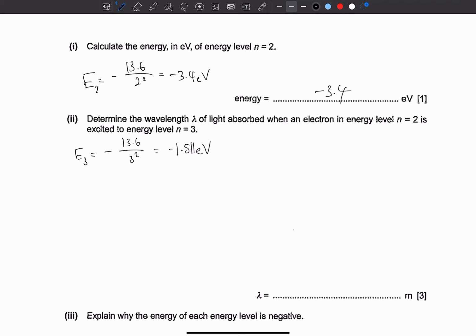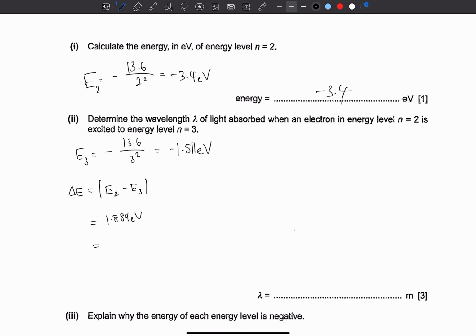So the difference in energy level is equals to the modulus of E2 minus E3, which then you will get 1.889 eV.